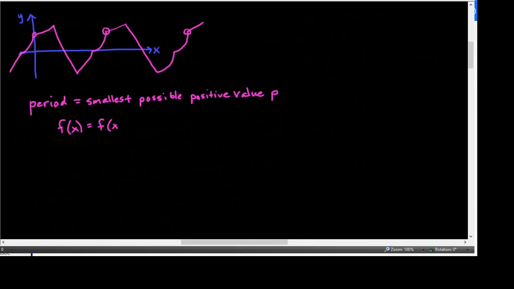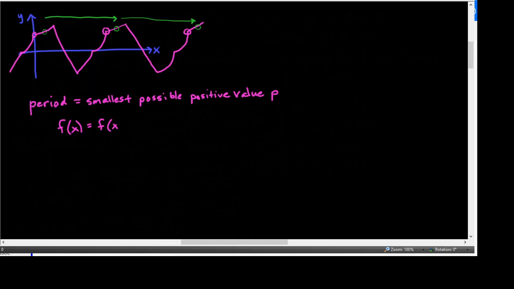Let me pick another one just so you can see. Let's pick this point right here. That's repeated here and here. And notice that the spacing between those horizontally is a consistent distance.